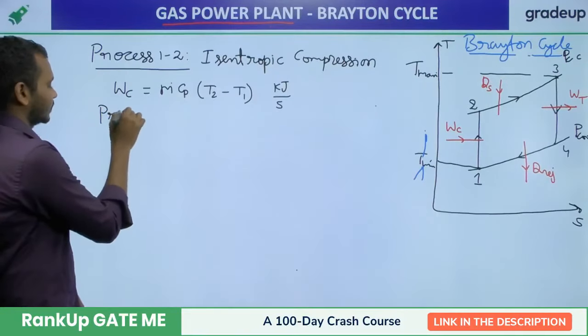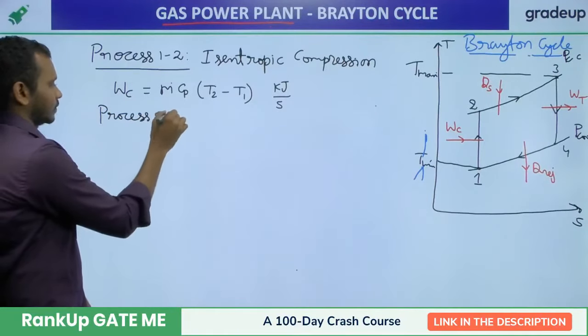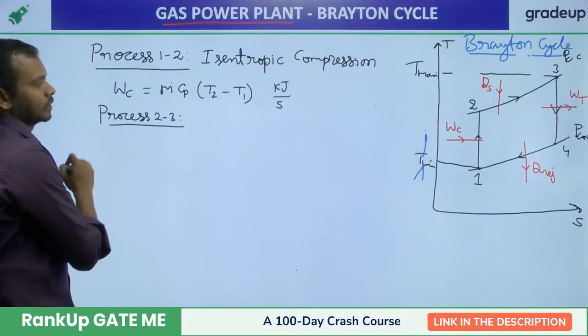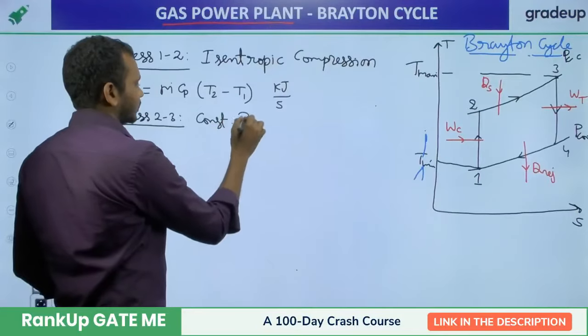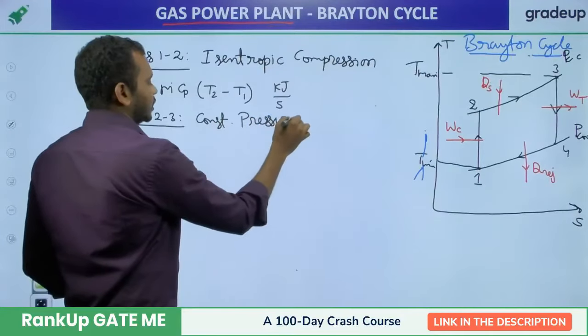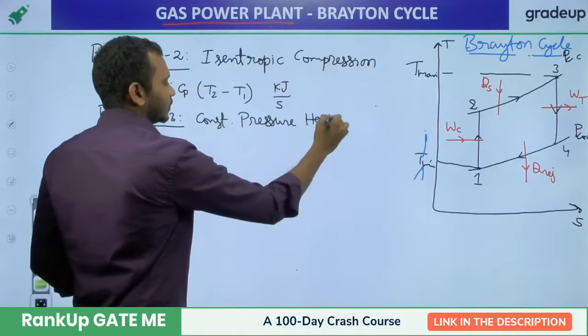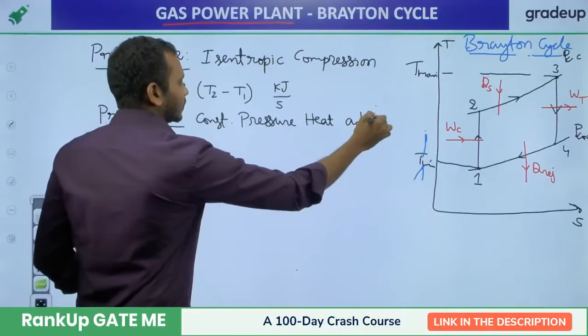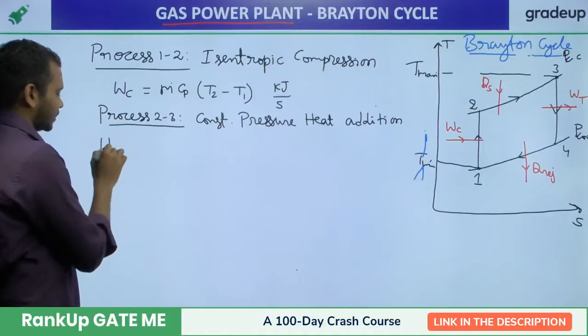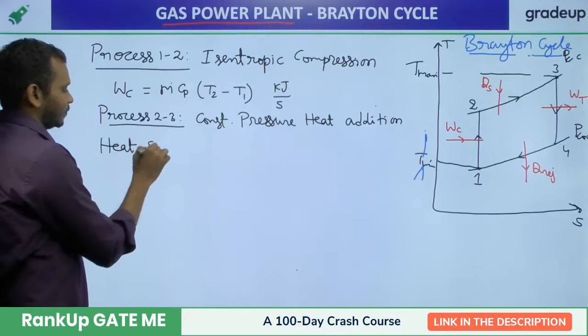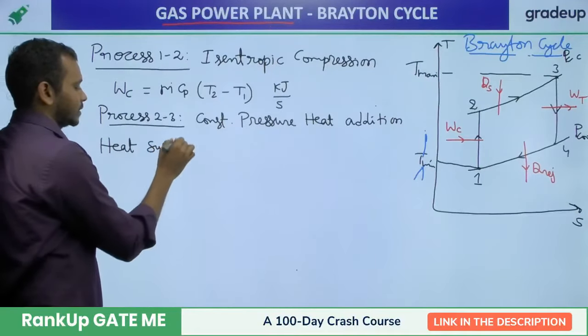What is 2 to 3? That is constant pressure heat addition. So here we have to write heat supplied to the cycle, not just heat supplied to the combustion chamber.